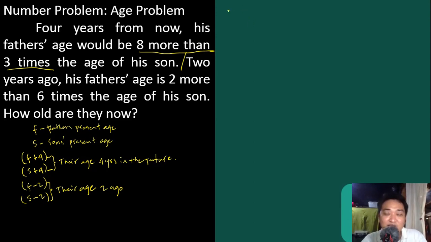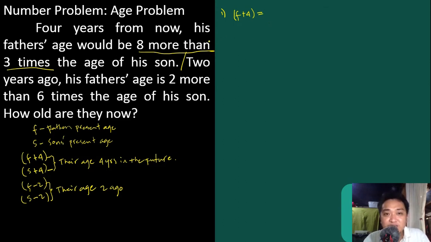So, paano nilalagay yun sa linear equation? O, subukan nga natin. Kung ito yung edad nung tatay, 4 years from now or 4 years in the future, F plus 4, at syempre mas malaki lagi yung edad ni father or nung tatay. 8 more than 3 times.